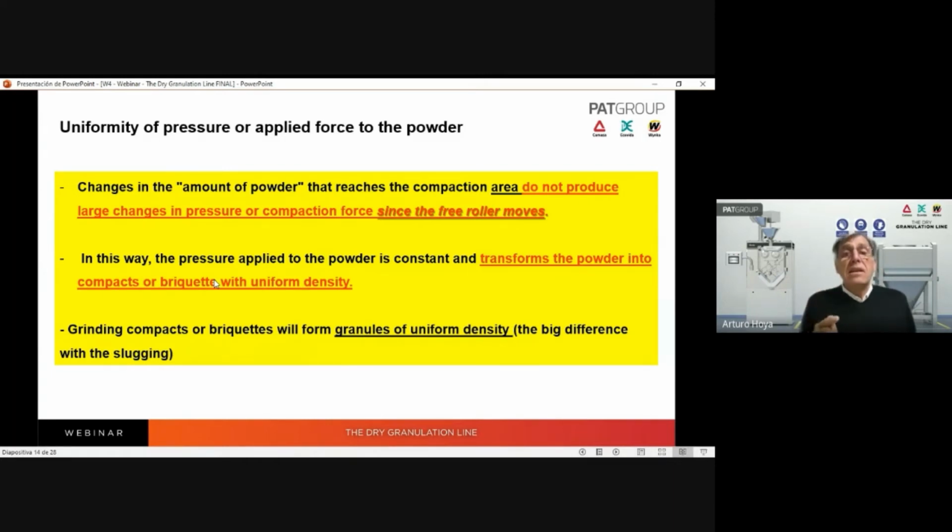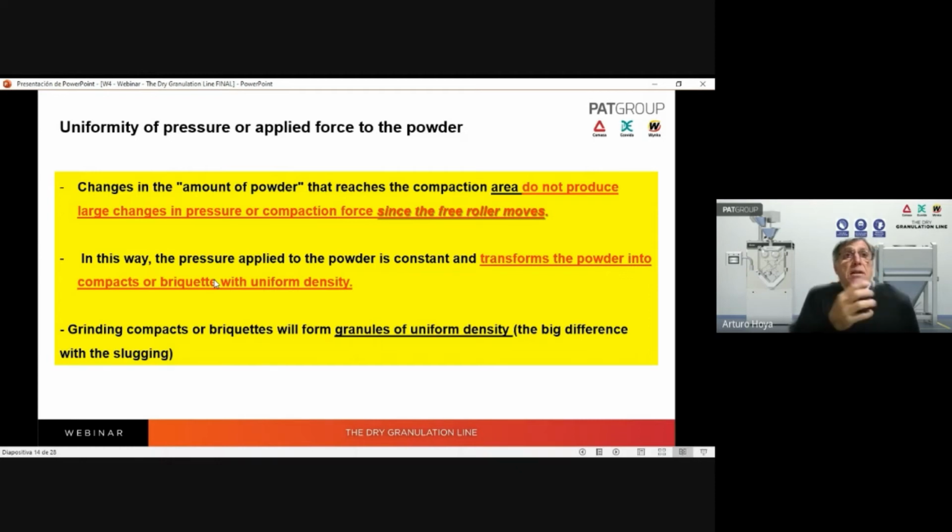In slugging, you have a constant dosing volume, because the die volume is constant. So if more powder enters the die, the pressure will increase. And if less powder enters the die, the pressure will decrease.